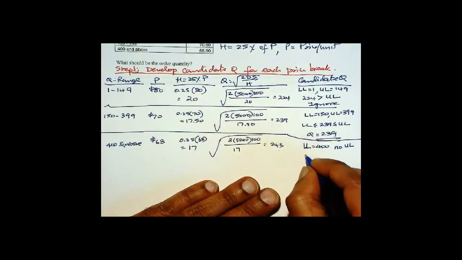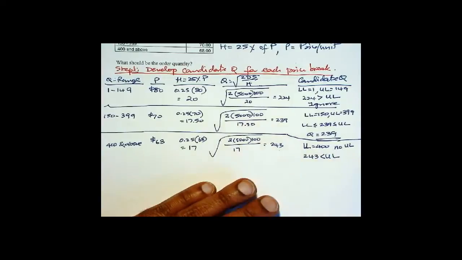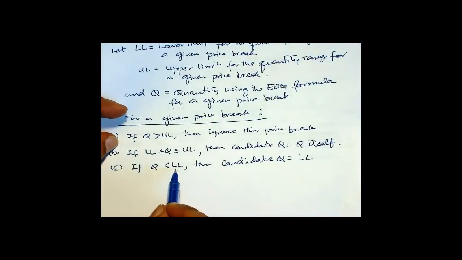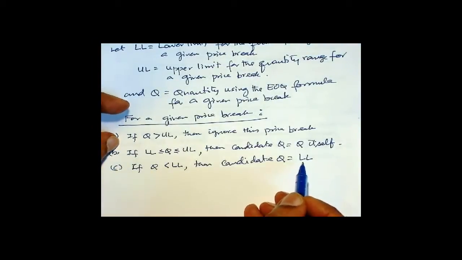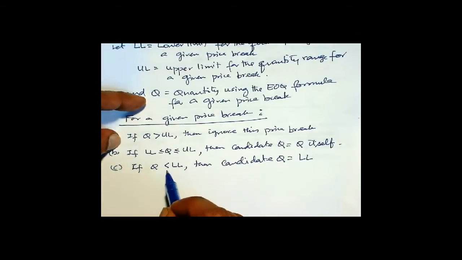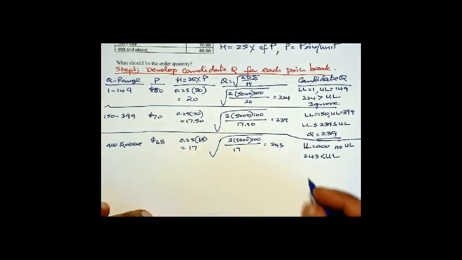So since 243 is less than the upper limit, so this is the third case. It's less than the upper limit. I'm sorry, less than the lower limit. Here the third case, Q is less than the lower limit. So Q should be the lower limit. The candidate Q is the lower limit, which is 400.